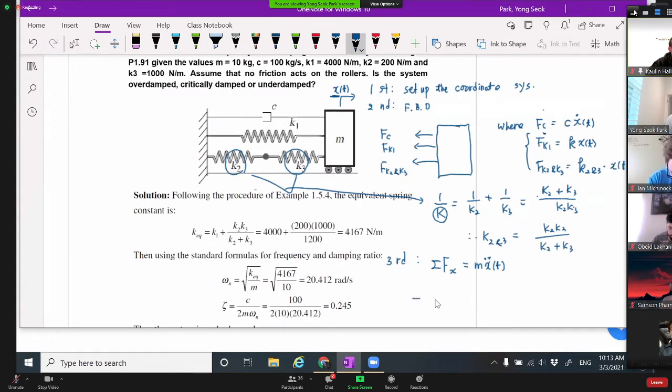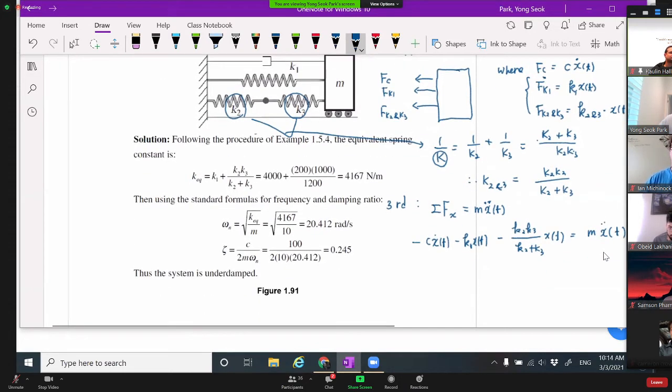So negative c x dot, negative this, negative what is it? K2 K3 over K2 plus K3 times x, and so that has to be m x double dot.